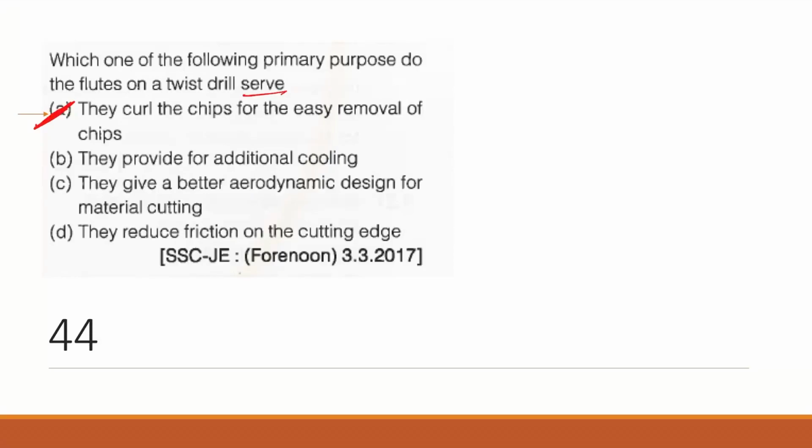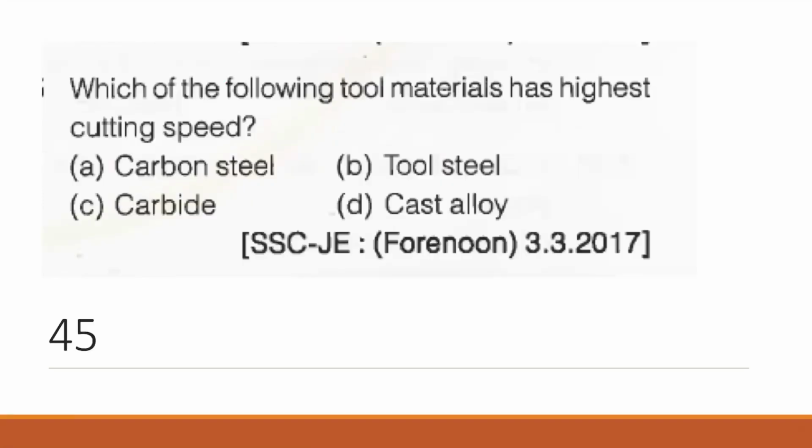It is asking for the primary purpose. The other options like providing additional cooling, better aerodynamic design for material cutting, reducing friction on the cutting edge are also purposes of the twist drill, but the primary purpose is they curl the chips for easy removal of the chip. Remember this.